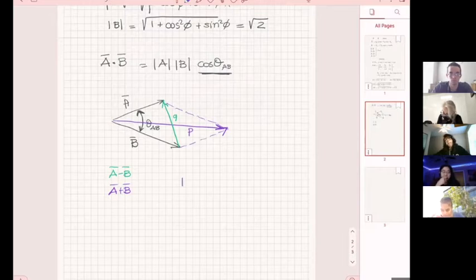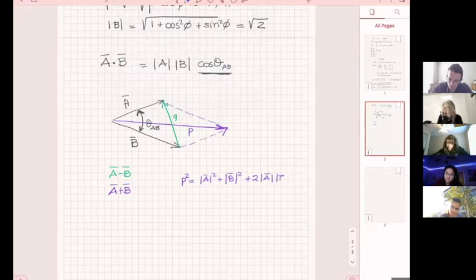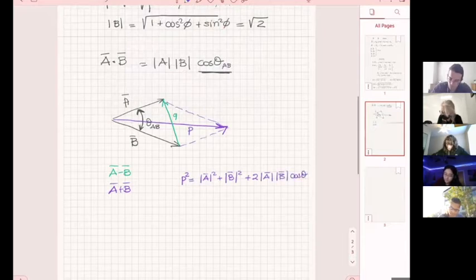We know that P squared is going to be A squared plus B squared plus 2AB cosine theta AB. This is from the parallelogram.